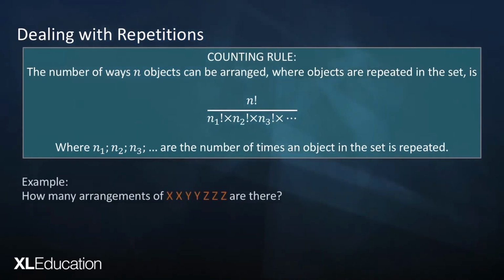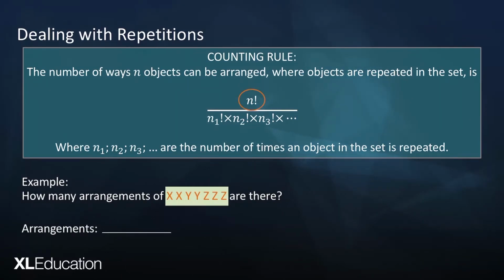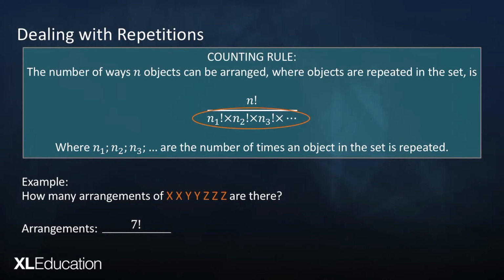So let's say we're trying to arrange x, x, y, y, z, z, z, and we want to know how many different unique arrangements there are. So that n tells us how many objects there are, and if we count, we see that we have 7 objects. So at the top, we place 7 factorial. Then at the bottom, we've got to look at objects that are repeated. So we've got 2 x's, which means we have a 2 factorial at the bottom for the x's that repeat twice.